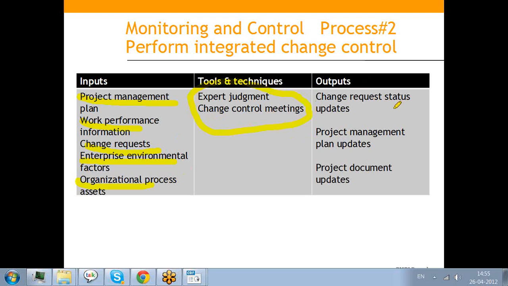And the output is change request status updates, project management plan updates, and project document updates. I think you are clear about these things because we have covered most of these things before. Now it is only a repetition of what we covered before.